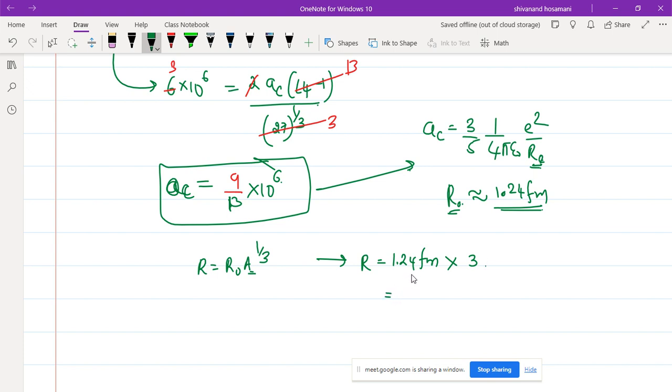Therefore this is going to be some value into 10 to the power of minus 15 meter. That's the answer. Okay, next. The remaining calculation you have to do yourselves.